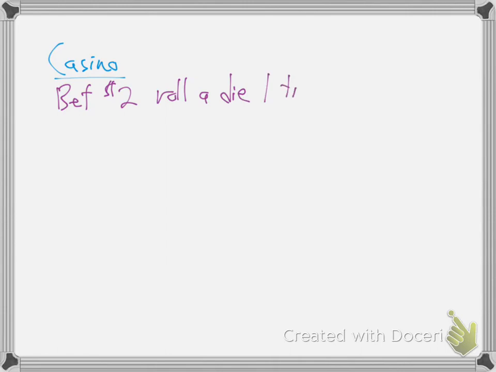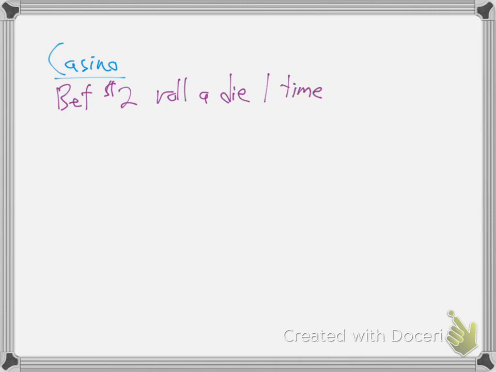Okay, what if there's a new game at the casino? And it goes like this. You roll a die, where you bet $2, let's say, and you roll a die one time.